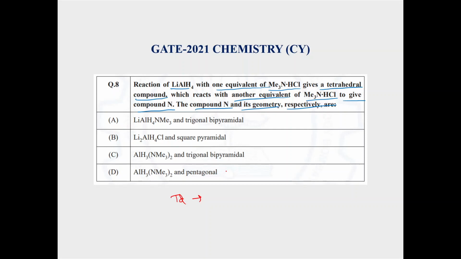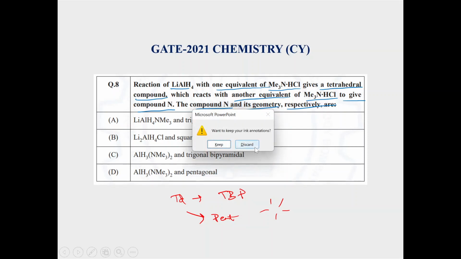Am I right, ma'am? Yes, we can explain in that way as well. Going from tetrahedral to trigonal bipyramidal is easy, like just one ligand is adding. But for going from tetrahedral to pentagonal, all the ligands have to come in the same plane, and that is difficult. So that is a correct way of explanation. What is your name? Ravindra. Yes, you are absolutely correct.